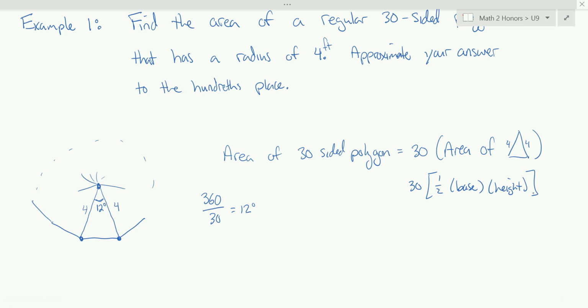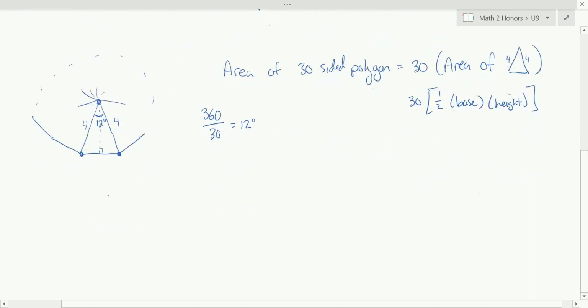Yes. So right before Christmas break, we learned about sine and cosine and tangent. We're going to have to use that. That applies when we work with right triangles. But if I draw my altitude, I create a right triangle. It splits my isosceles triangle in half.